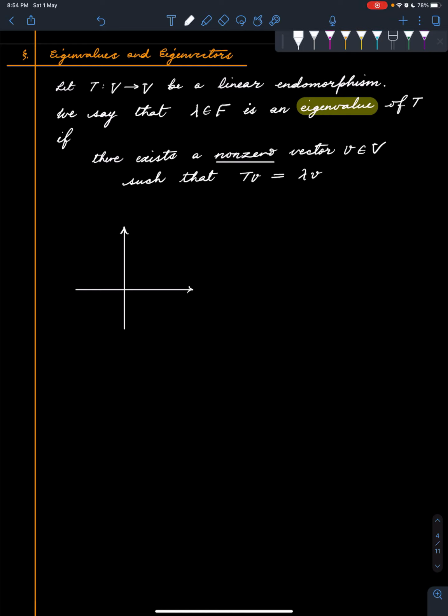I mean, of course, as a figure I'm drawing R2, but we have to convince ourselves that we are actually talking in general. So this is just a pictorial way to think about things. Suppose we have vector V, which when we hit by T, we get some vector which is in the same line along V. Let me draw this picture once more.